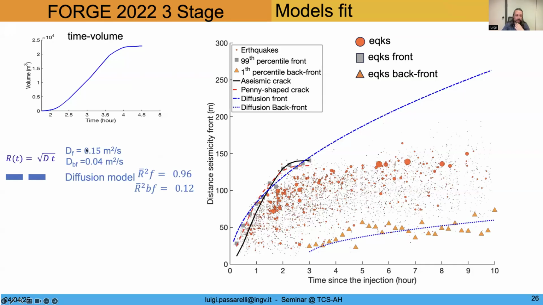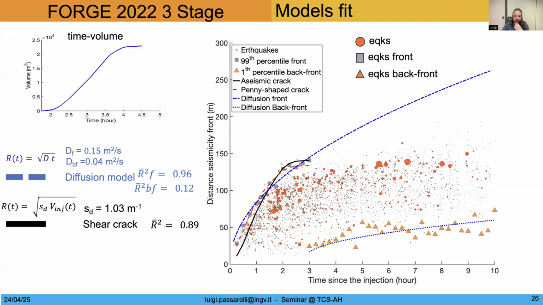We had a good value for the diffusion of the front, which is a reasonably small diffusivity constant value, and the adjusted R squared for this fit is pretty much 1, 0.95. We have a problem fitting the back front of this model because the adjusted R squared is very small, and we also got a different diffusivity, even smaller than the one before.